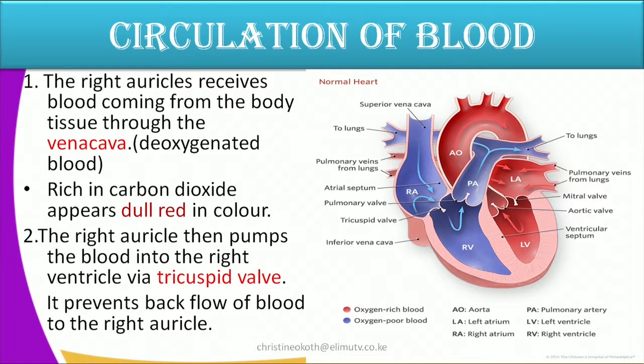From the right auricle, it then pumps the blood into the right ventricle via a valve we call the tricuspid valve. That tricuspid valve prevents the backflow of blood to the right auricle. So we start from the right auricle and it goes to the right ventricle via the tricuspid valve.